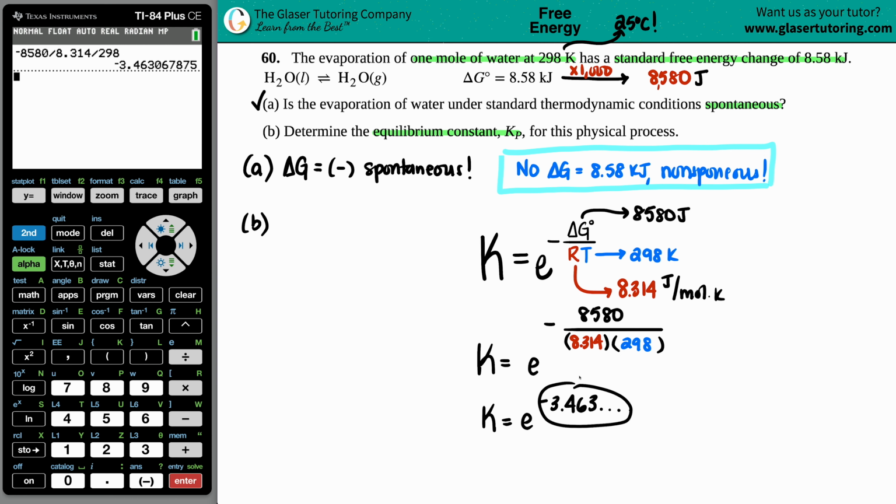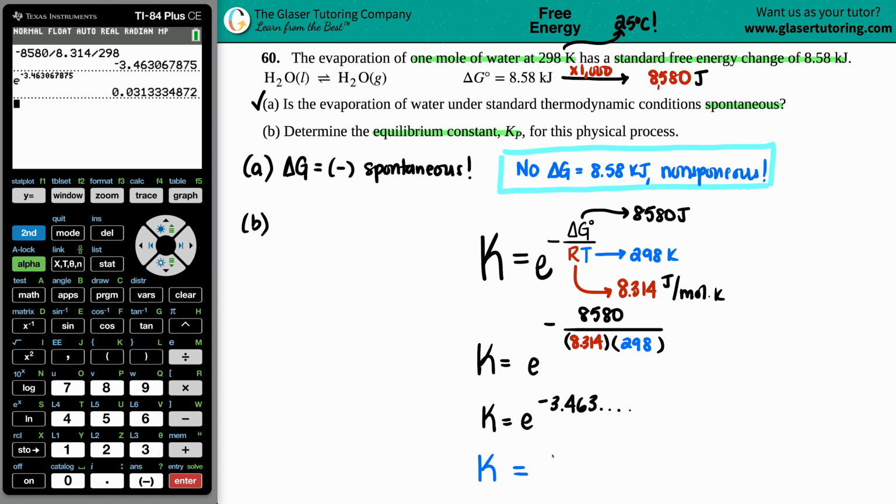Now, since this is not the final answer, I'm not going to round when I do my calculation. So K equals, after I do that, second ln, that's where your E button is. I love the TI-84 because I can just go up, grab the whole number, and there it is, less chance for error. I'm just going to press enter, and there you go. We'll do 3 sig figs.